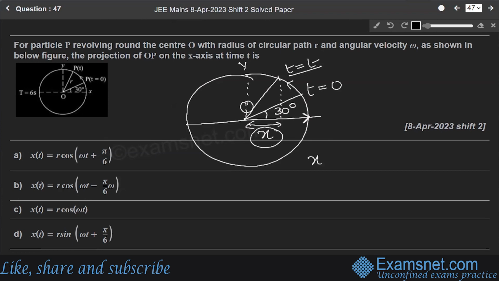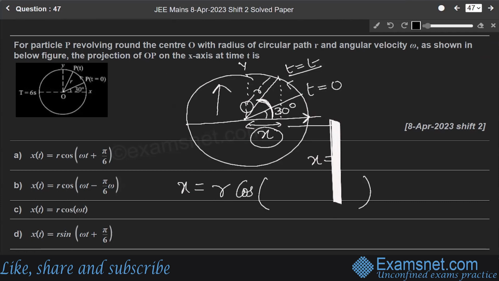So we have to find this projection x. Resolving this angle into two components, this will be r cos theta and this will be r sin theta. So x will be equal to r cos theta, where theta means this whole angle.